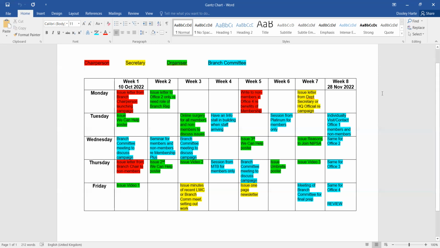We've done this in the past where we've had an information stall at the front door. We've taken a picture of the information stall, put it on the front page of a newsletter and said, NIPSA has information stall, and there's a picture and a wee bit about it. So you can pick up those people that you missed as part of issuing out some sort of newsletter afterwards. So you get 2 bites at the cherry for doing the one event.